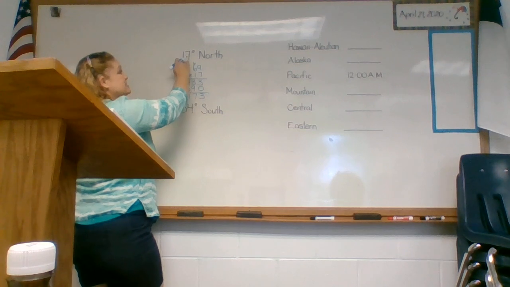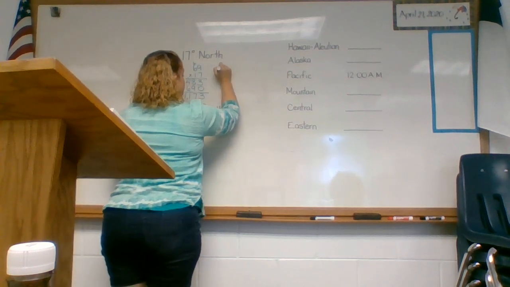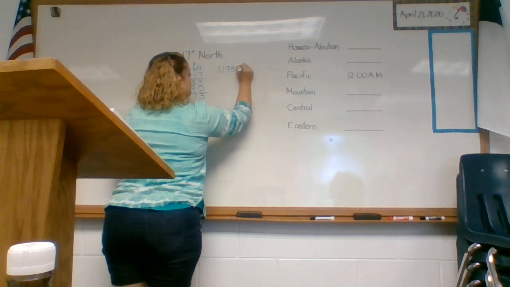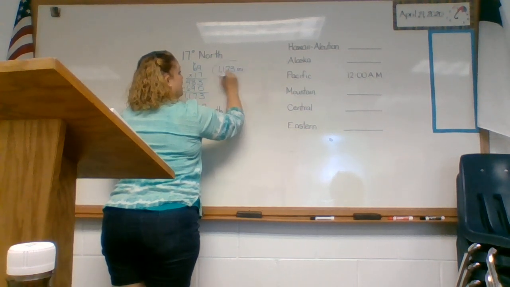So this 17 degrees north is approximately 1,173 miles north of the equator.